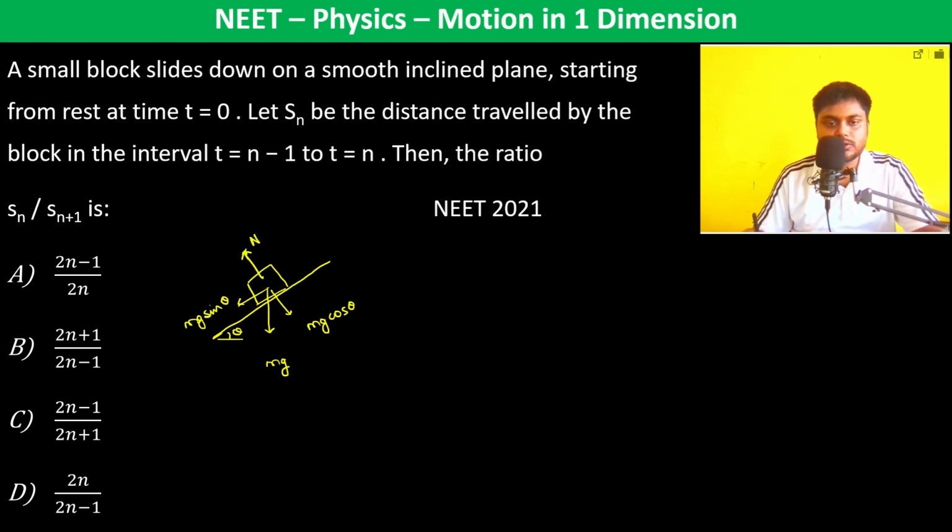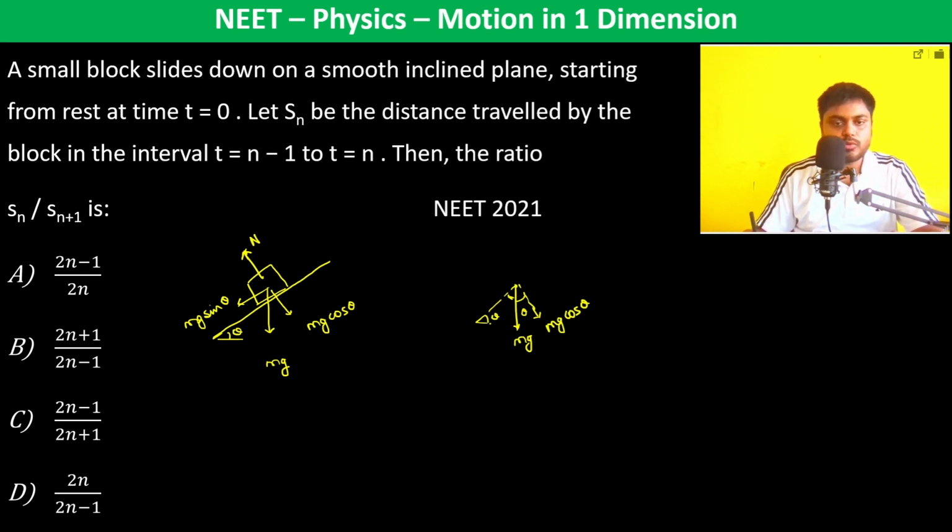So how the theta is there: we see here, this is mg and this is theta. So this is going to be 90 minus theta. So this is going to be theta. So therefore in this direction there is mg cos theta.